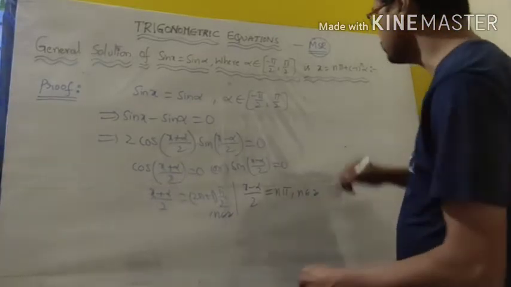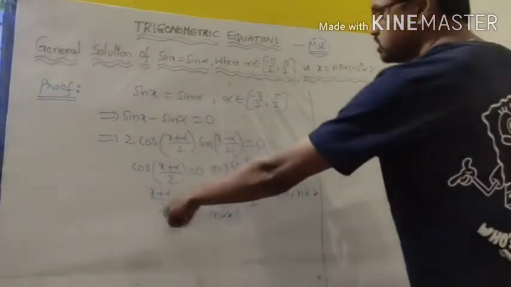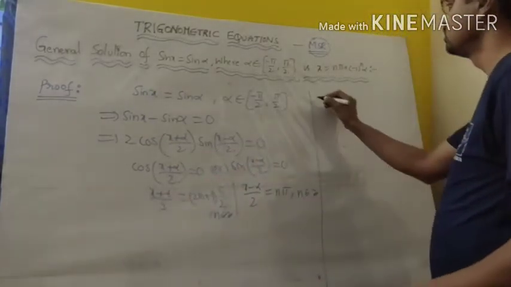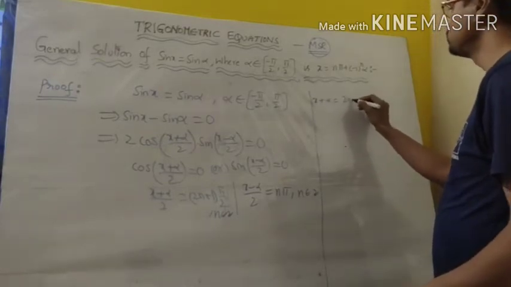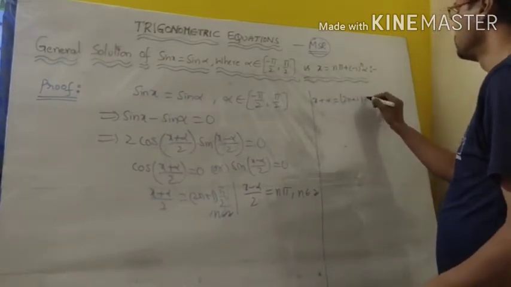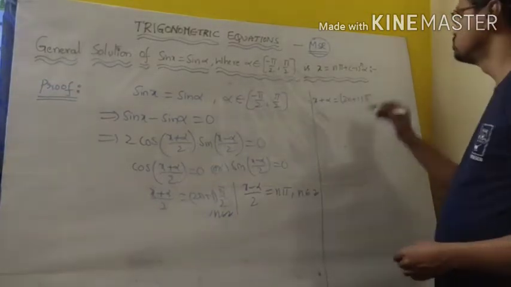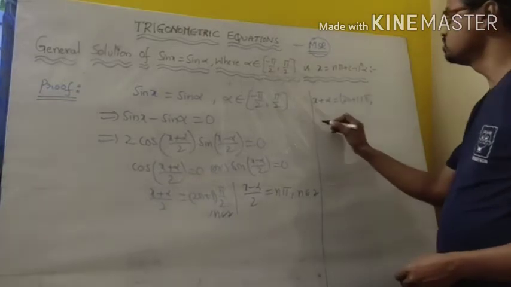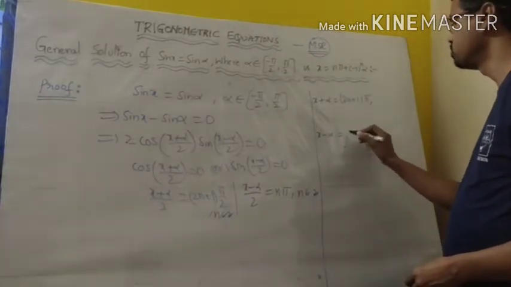So now x plus alpha becomes 2n plus 1 into pi. And x minus alpha equals 2n pi.